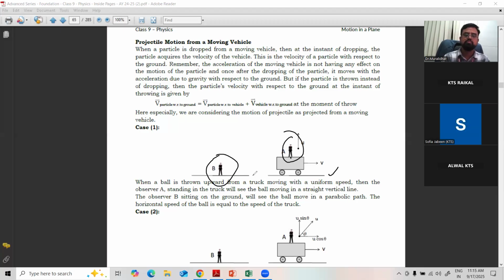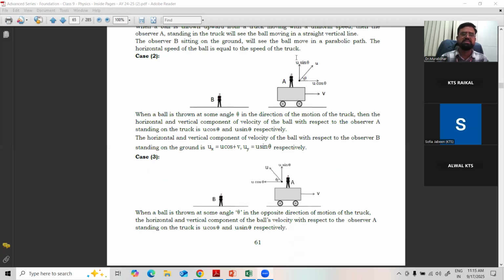Okay. Clear? Those are the special cases there. They may come across in our day-to-day life sometimes, but you need to focus on this. Case 2 you can see here. Case 3, so many cases are given, whether he is throwing to the right side or left side. When a ball is thrown at some angle theta in the direction of motion of the truck, the truck is moving in this direction and you throw like this with an angle.